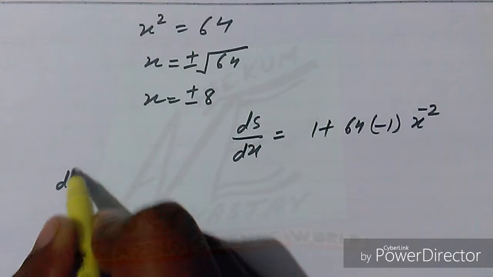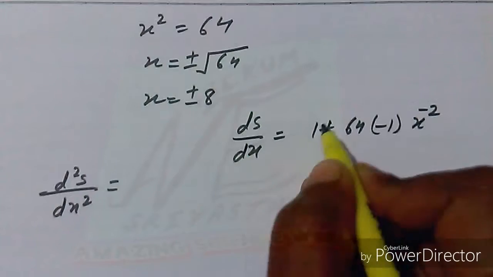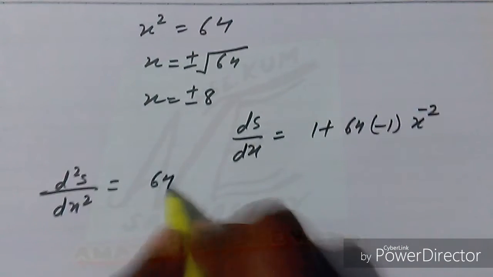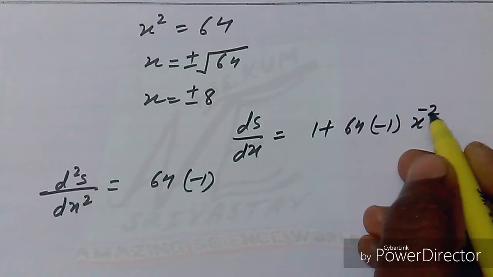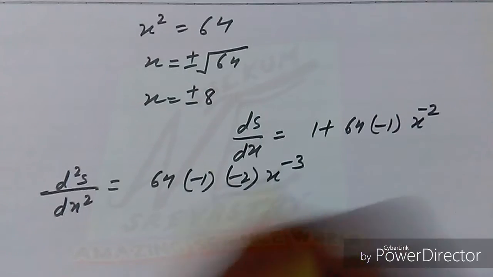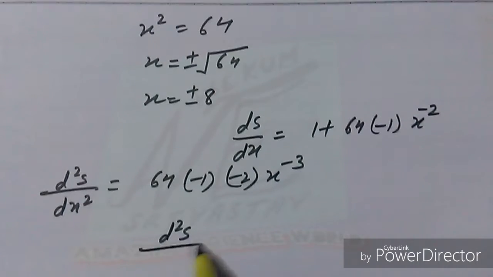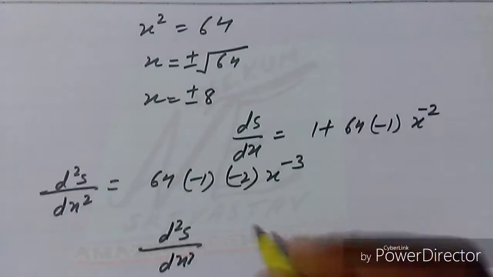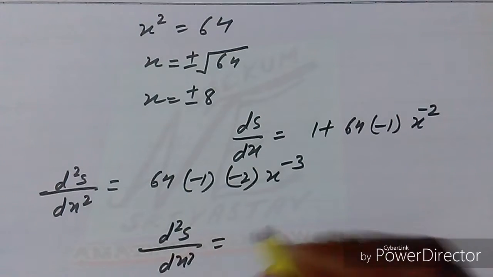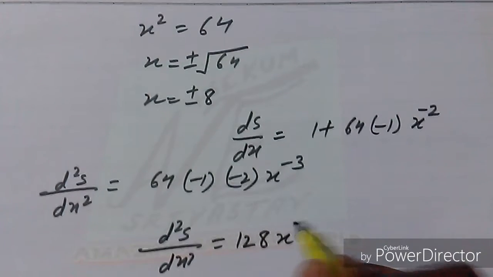Then d square s by dx square is 0 plus 128 x to the power minus 3, since the minus signs cancel.